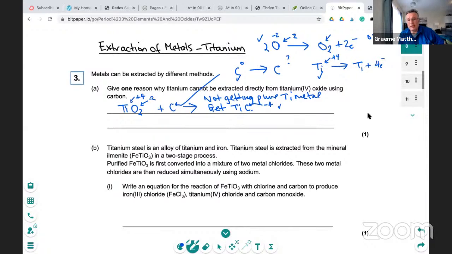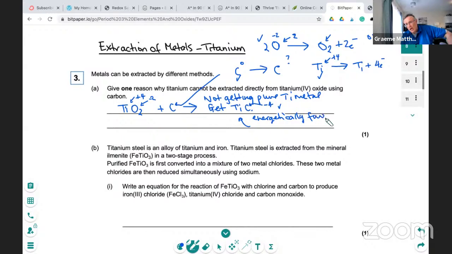I would need a 4th one to make everything balance out, number one. And then number 2, the titanium and the carbon would just combine to give you titanium carbide, because titanium carbide is going to be energetically favorable.